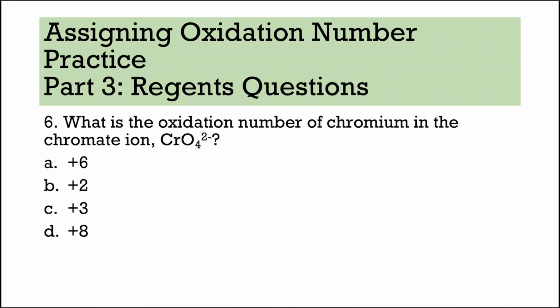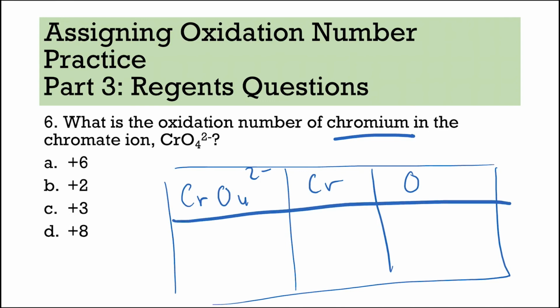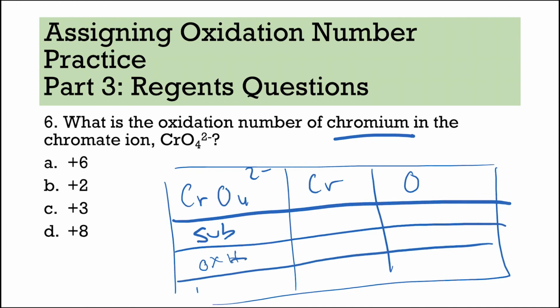Number 6, the last one for today, is the oxidation number of chromium in the chromate ion. So let's use the box for this. We have Cr, we have O, leave ourselves some blank room, subscript, oxidation number, total, and we don't really care about that section.